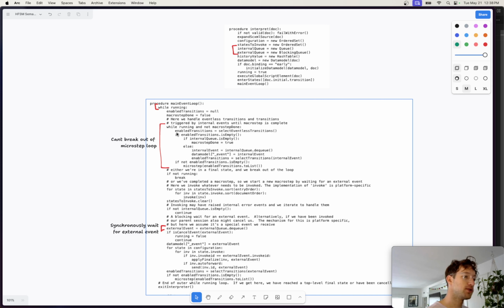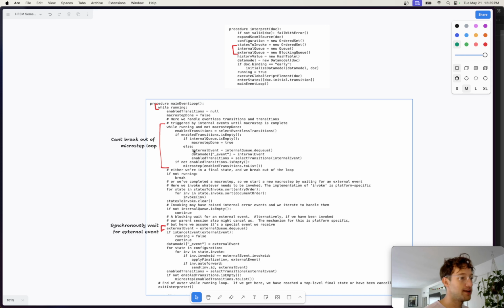So the first thing we do is we look for eventless transitions, which is what I'm calling immediate transitions, and we execute those. And then what we do is we look at the internal event queue, which could be events that are raised, and then we say, oh, maybe there's a raised event, we need to process that.